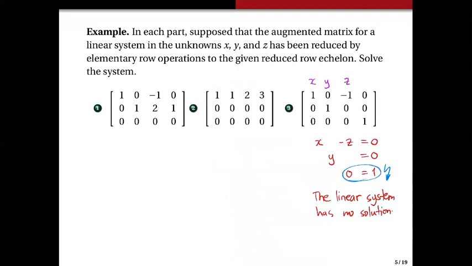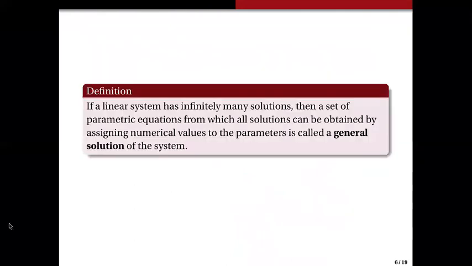So, since we are talking about solutions, let us formalize. If a linear system has infinitely many solutions, then a set of parametric equations from which all solutions can be obtained by assigning numerical values to the parameters is called the general solution of the system.